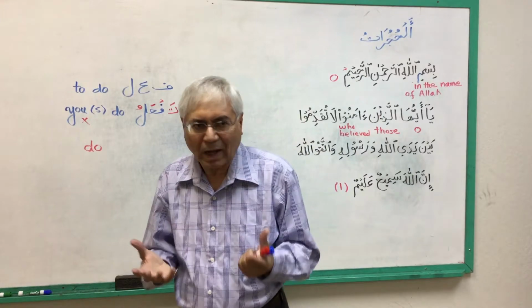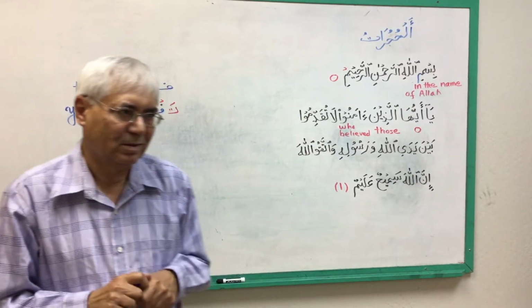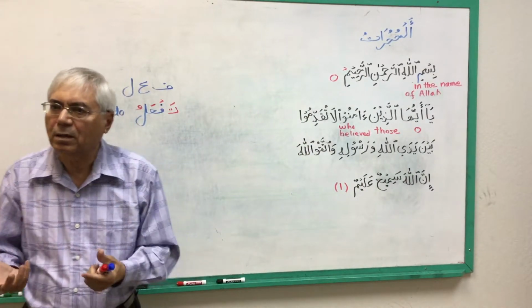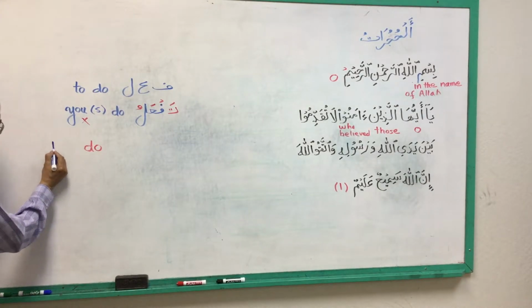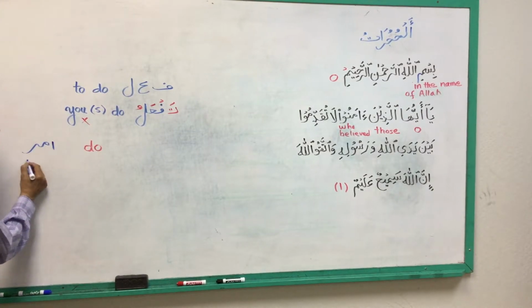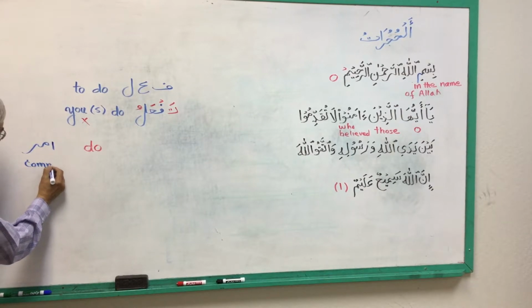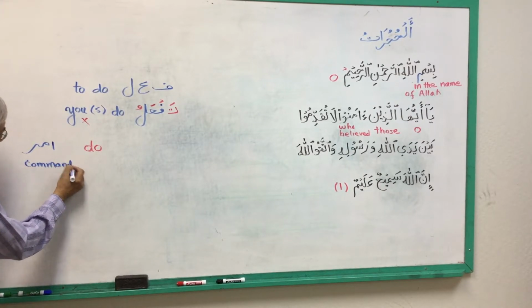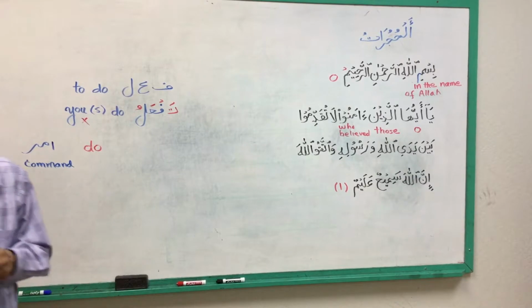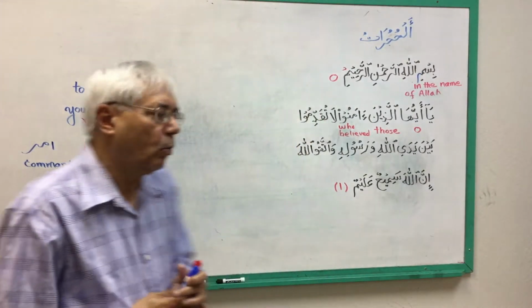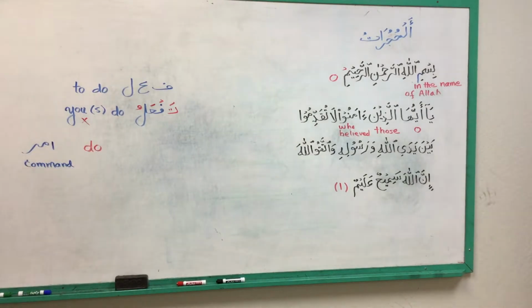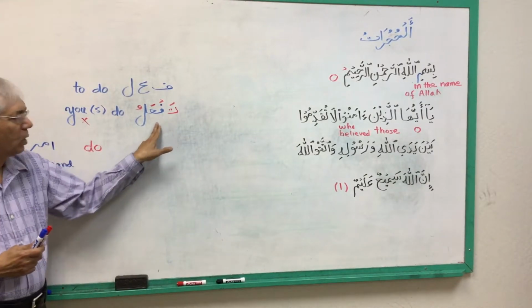That means I'm telling you to do something. So it is a command. It's called order, or amr, or a command. Okay? So in English it is very simple. You took out you.